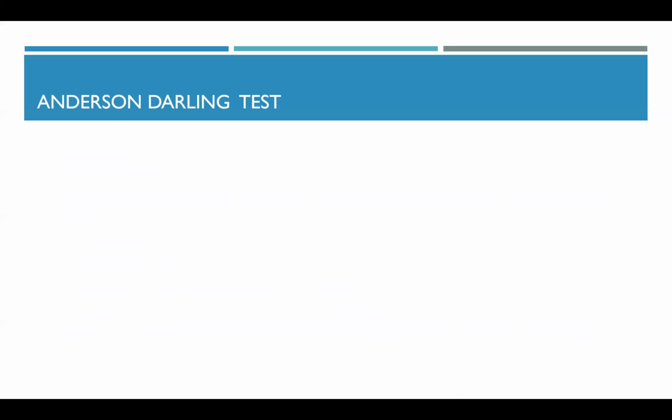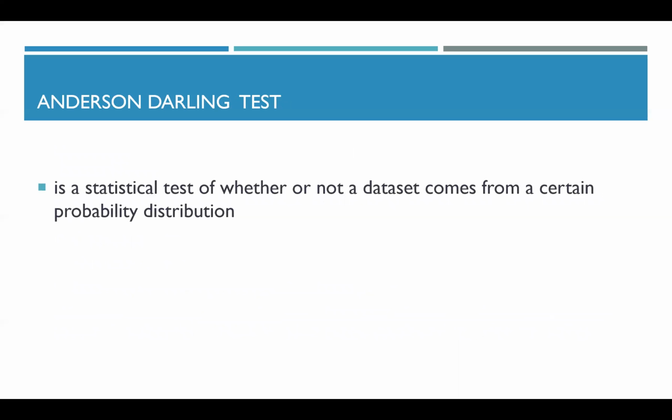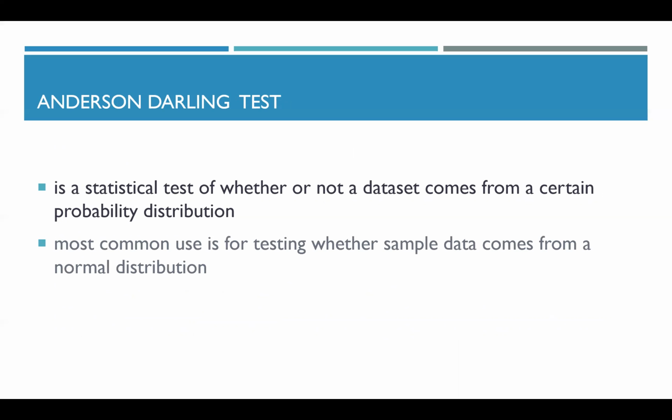So Anderson-Darling is a statistical test to determine whether a data set comes from a certain probability distribution. Now, again, our focus is going to be on whether it comes from a normal distribution, which is the most common type of distribution that we want to consider.